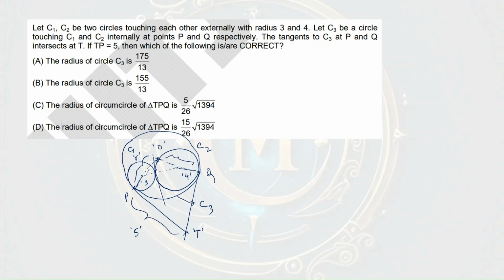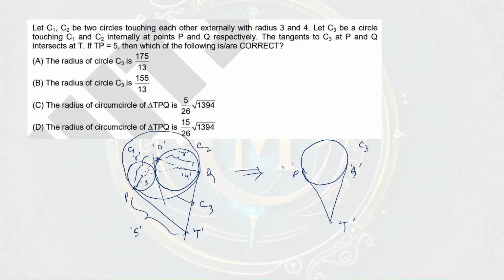So this must be also R. Now if we draw this diagram a little bigger, we get that this is the circle C3 and here is the point T, and this is the point P on the circle C3 and this is the point Q on the circle C3.